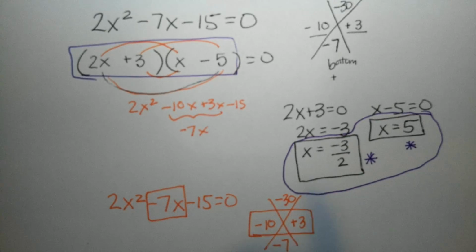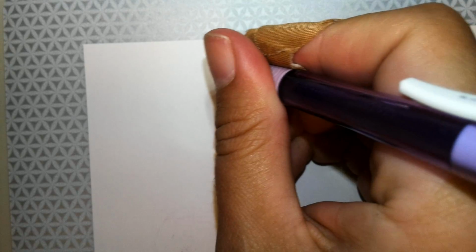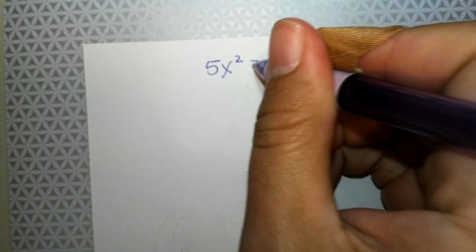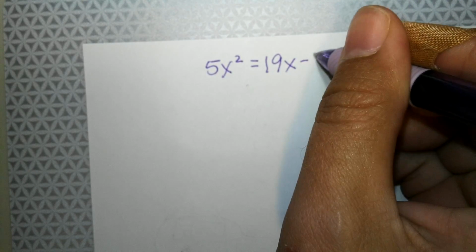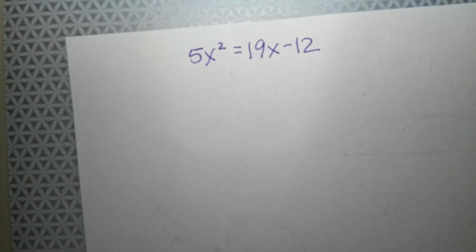Okay, let's do another one. I've got 5x squared equals 19x minus 12. Now, if you remember from the other day, we have to have everything set equal to 0. I want to start with a positive x squared.